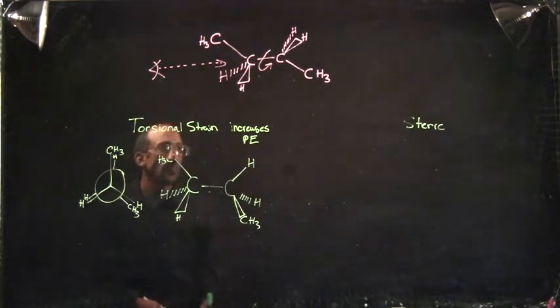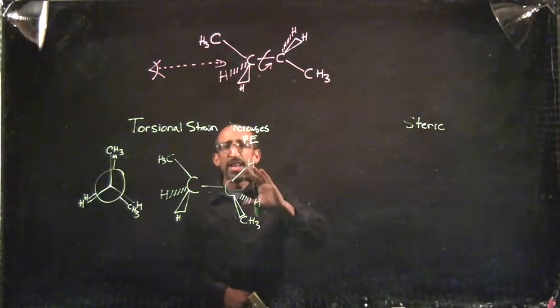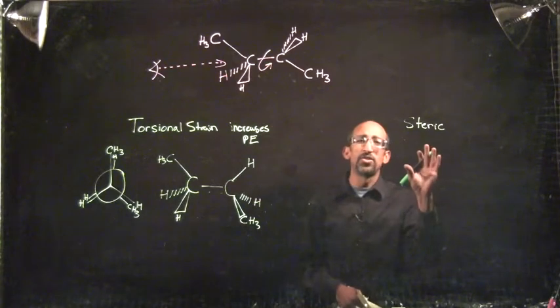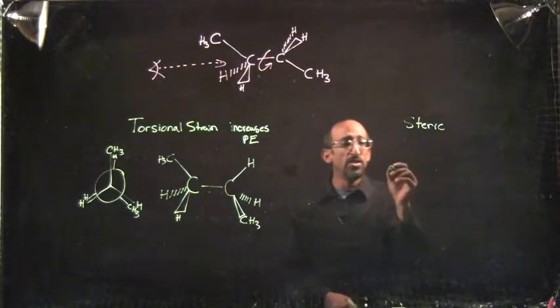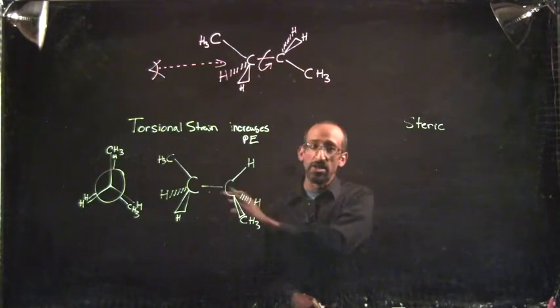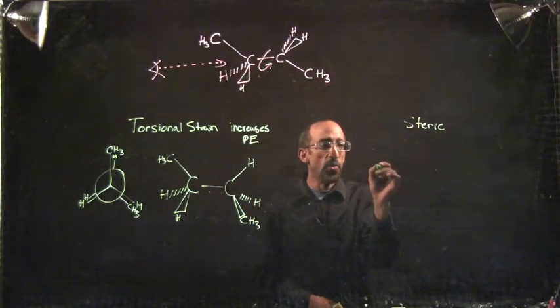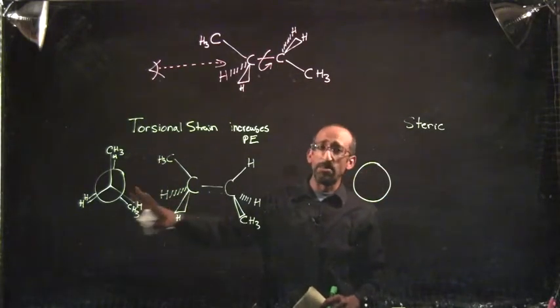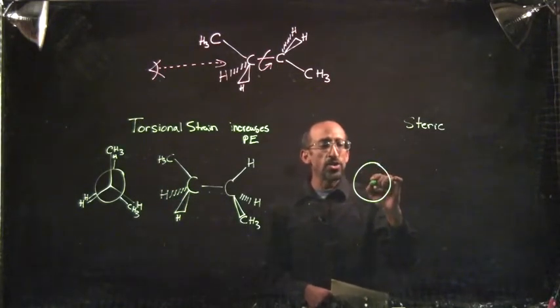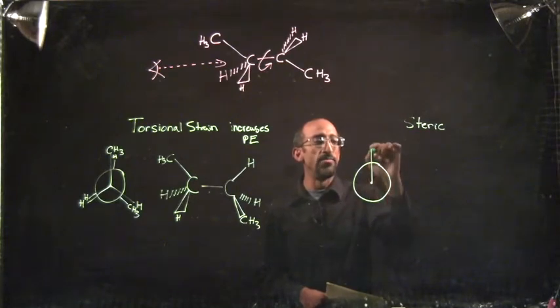I'm going to draw a slightly different conformer of butane to demonstrate the concept of sterics. So if instead of using the Newman projection we had, we can now produce, so this was our eclipsed. Let's now draw our totally eclipsed conformation of butane.